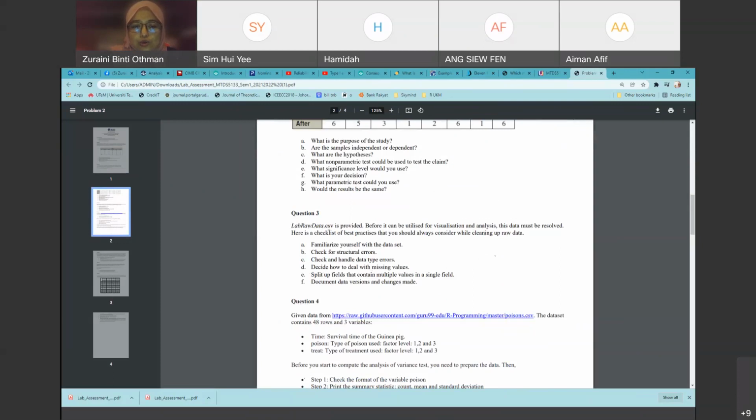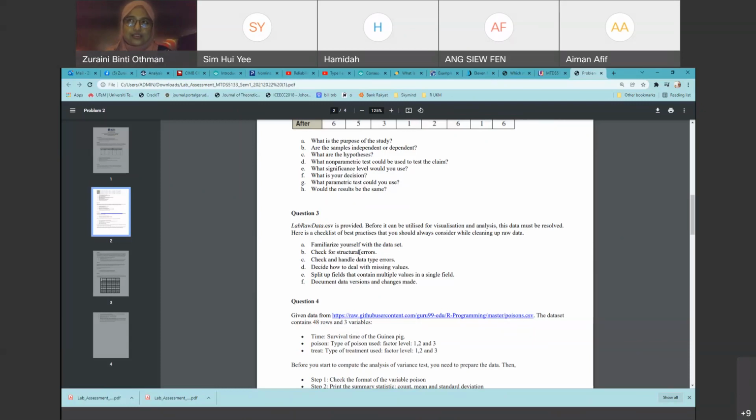You have to open it and read it by using R. Then after you read it, check for structural errors. What is a structural error? You have to know whether, in one column, there is a mix of numeric and character data. You have to clean it first.